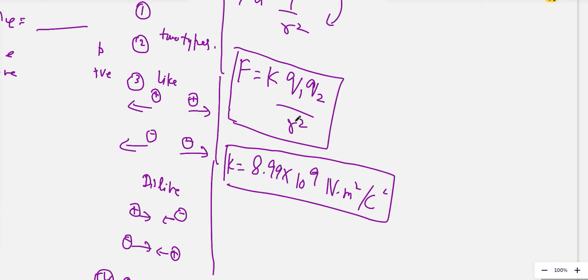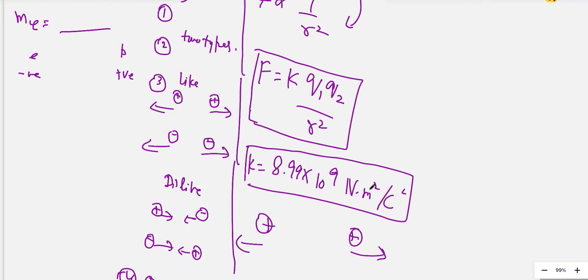When we put these values inside that formula, we will get the force by which they are going to attract each other, or if they are like charges, for example a proton and another proton, the force by which they are going to repel each other. This is how we will calculate the amount of force caused by the charges.